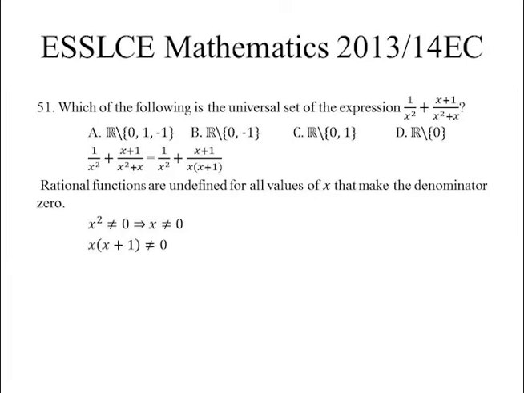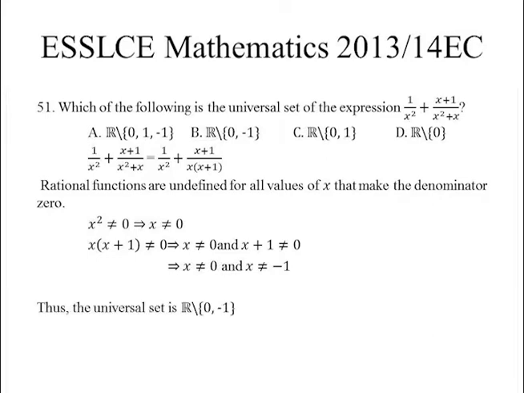Meaning, this expression is different from 0 only when x is different from 0 and x plus 1 is different from 0. x plus 1 is different from 0 only when x is different from negative 1. Thus, the universal set is the set of all real numbers different from 0 and negative 1. So choice B is the right answer.